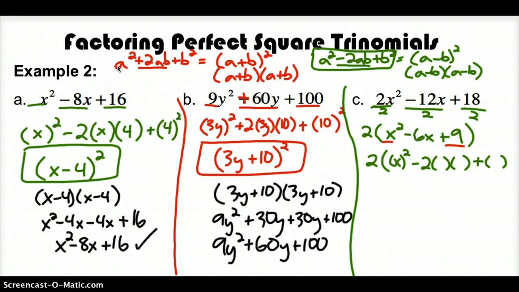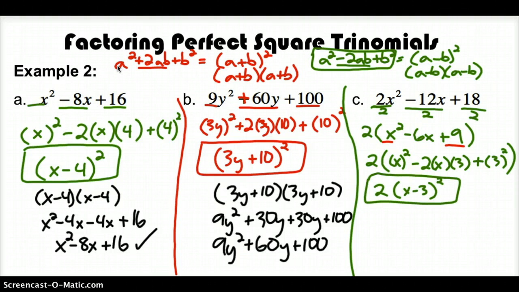Plus b squared. Now 9 I can express as 3 squared, so I'll write this with x and 3. I'm just proving that I can write it as this particular pattern, and now I'll use the pattern to express this as 2 times x minus 3 squared, and that would be my final answer.